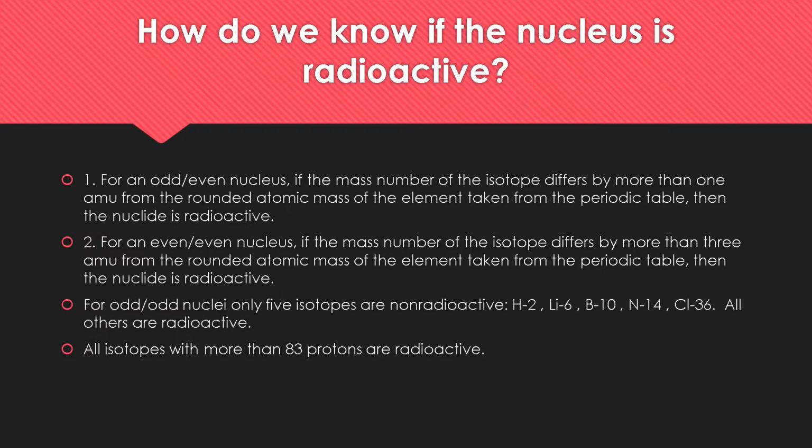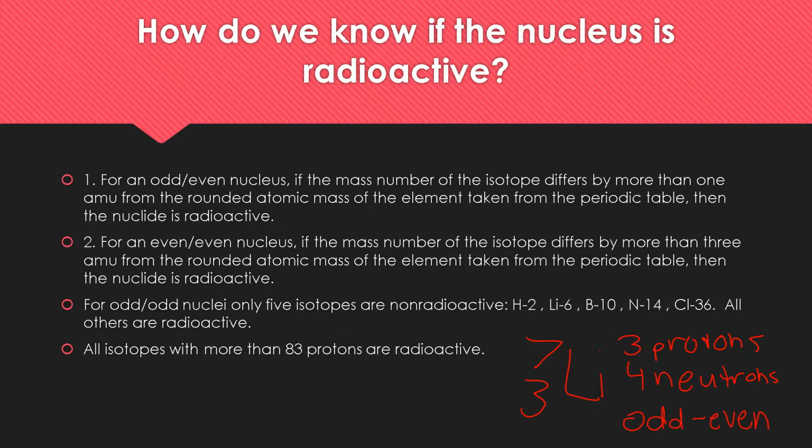So first of all, how do we know if a nucleus is radioactive? There are 4 different steps that we want to ask ourselves. First, say we have the isotope lithium-7, with 3 protons. So this means we have 3 protons and 4 neutrons, which would give our nucleus an odd-even ratio.